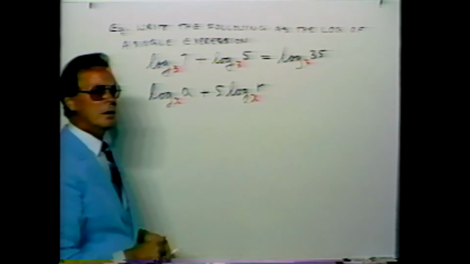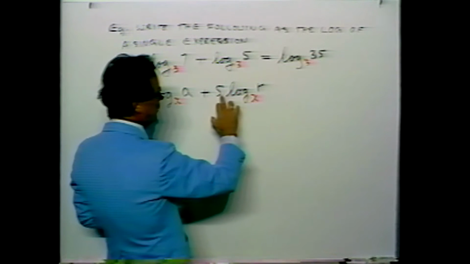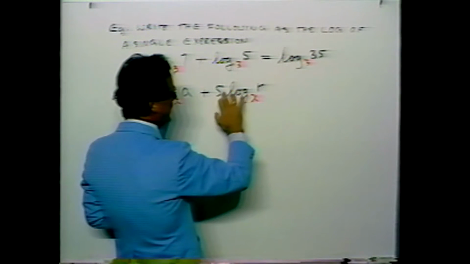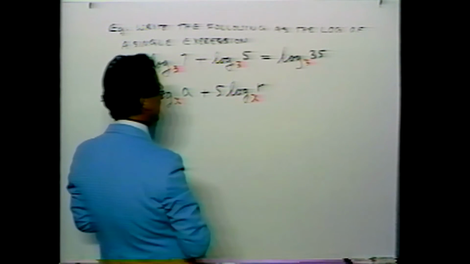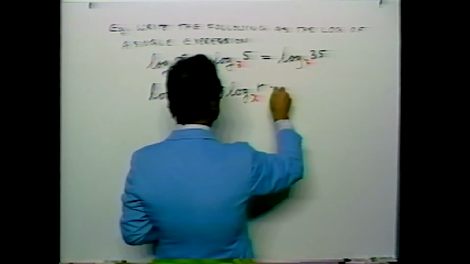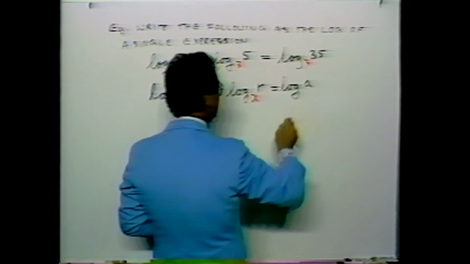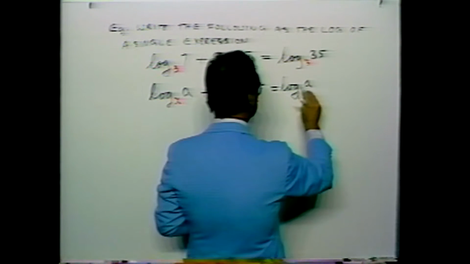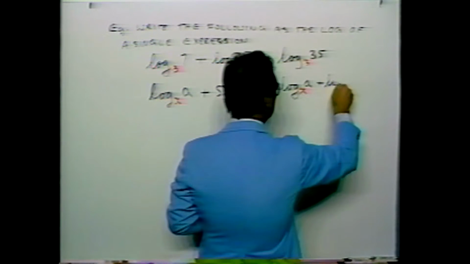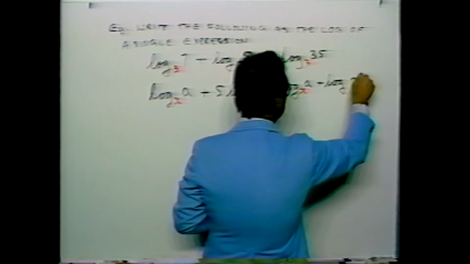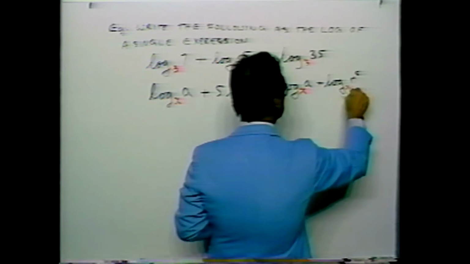If you recall, in the law of powers of logarithms, this 5 can be written up here as an exponent to express the same idea. So this is the same as log of a to base x plus the log of r to the 5th exponent to base x.